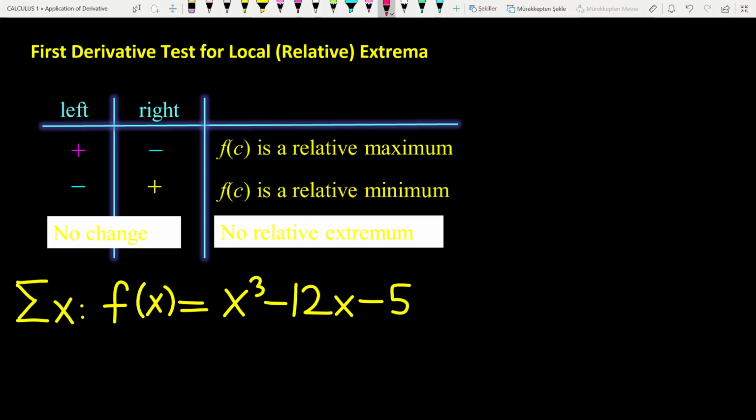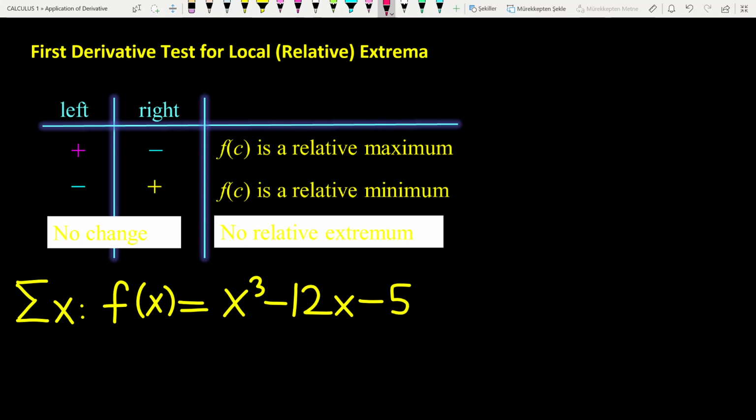This one is for local or relative extrema points. Let's look at the test. Suppose that the point C is a critical point of f of x. In this case we check the sign of f prime.